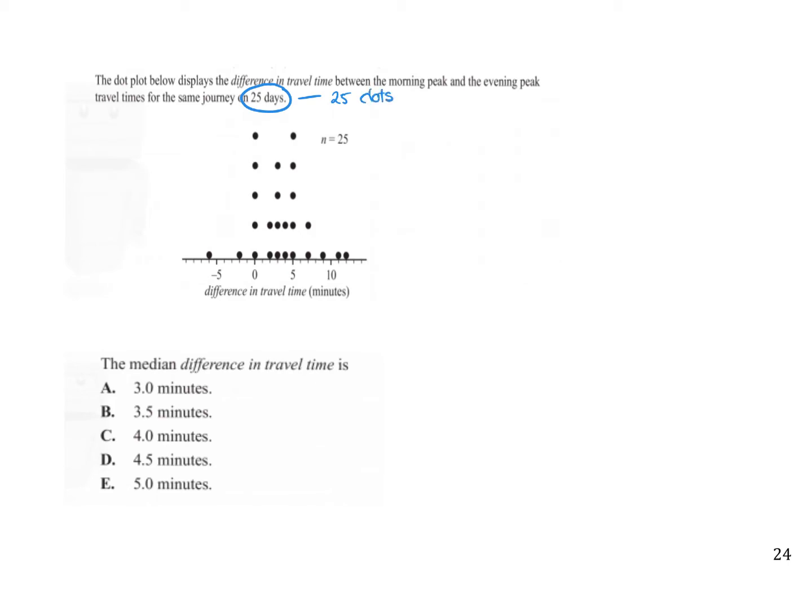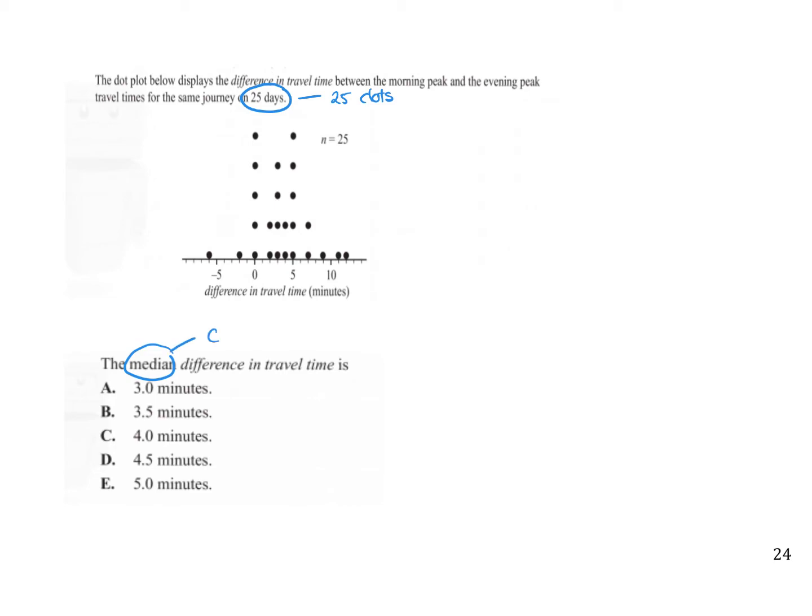So there was 25 days where they took the data, and say the travel time in the morning might have taken them 30 minutes, and in the afternoon when they were coming back, it took 20 minutes. So they worked out the difference was 10. That's what they're doing there. Now it's asking for the median difference. Because this is difference in travel times, out of all this data, they want you to find the median.